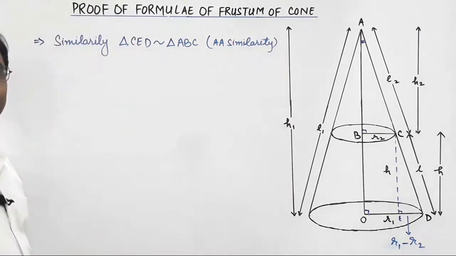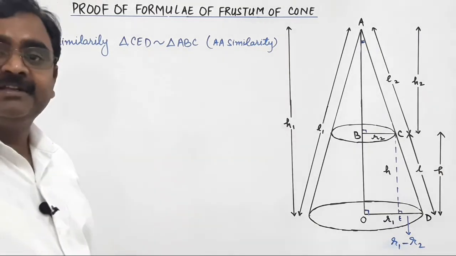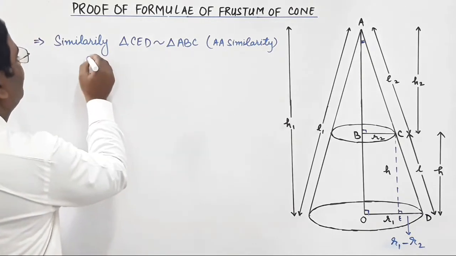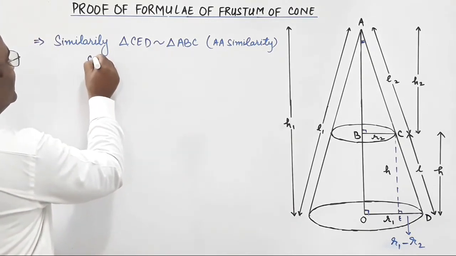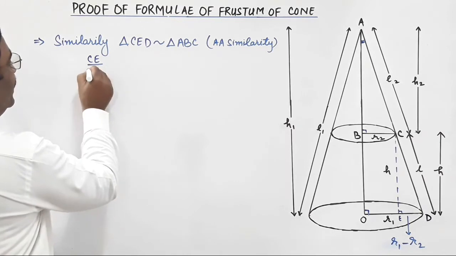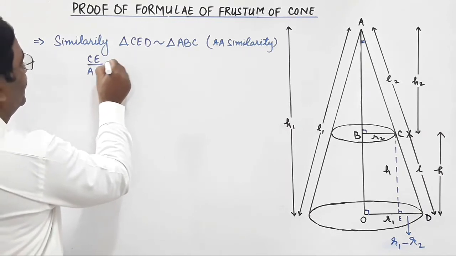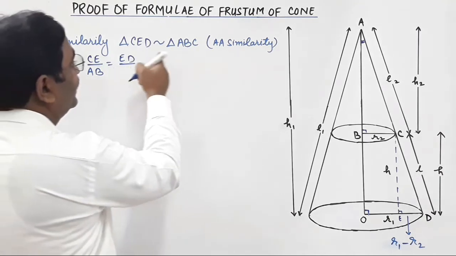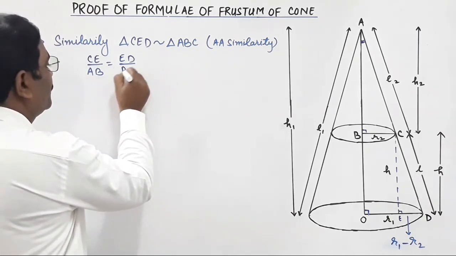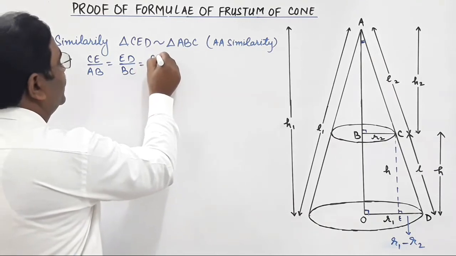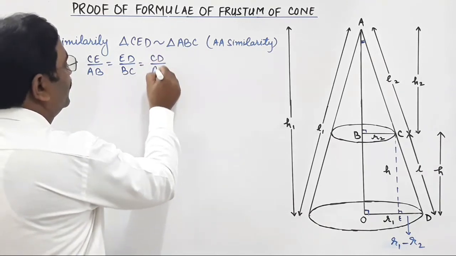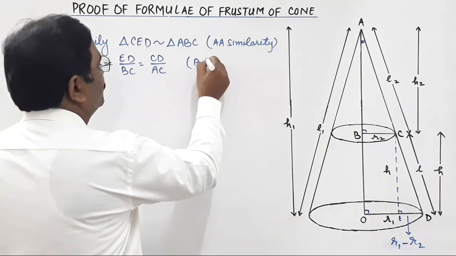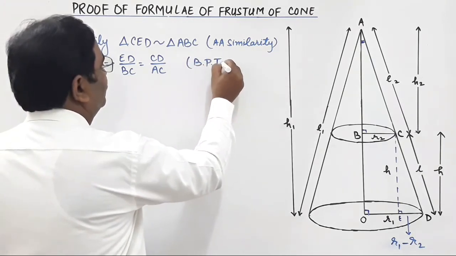Okay, so now this is the third pair of triangles you are getting that they are similar. Now apply the basic proportionality theorem. You can say that CE upon AB is equal to ED upon BC equals CD upon AC by basic proportionality theorem.